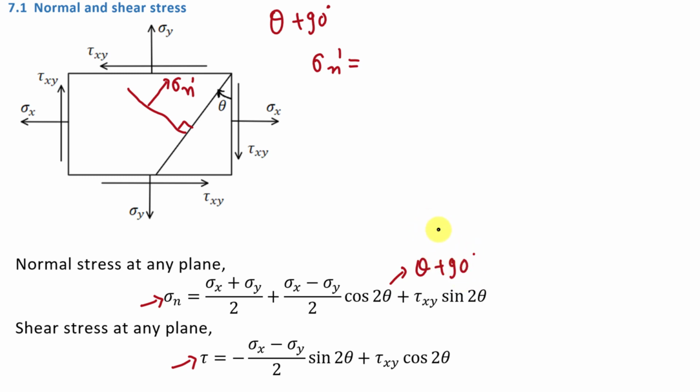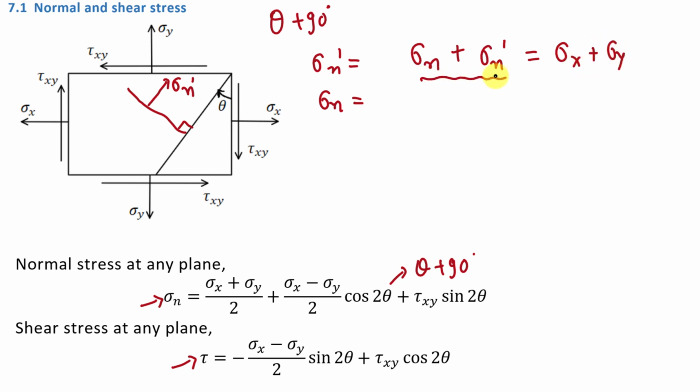Fine? And we already have the value of sigma n, that is this equation. So if you take the sum of normal stress at theta angle and normal stress at theta plus 90 degree angle, then you will get sigma x plus sigma y.